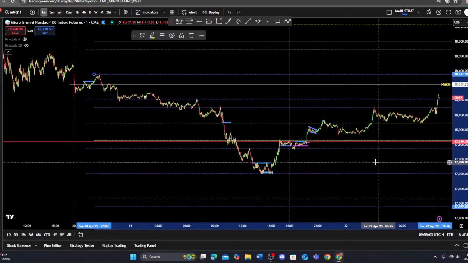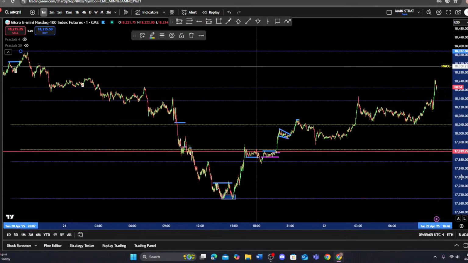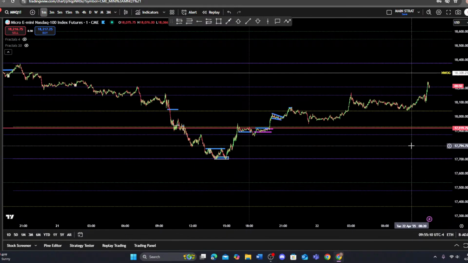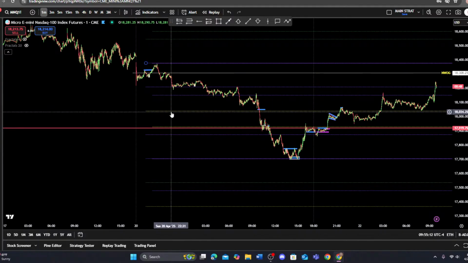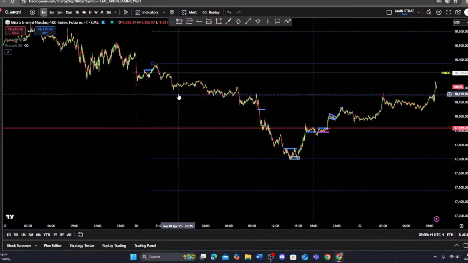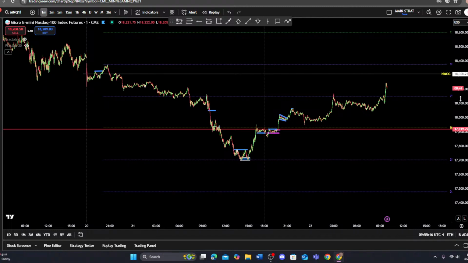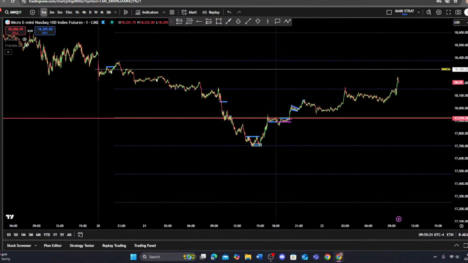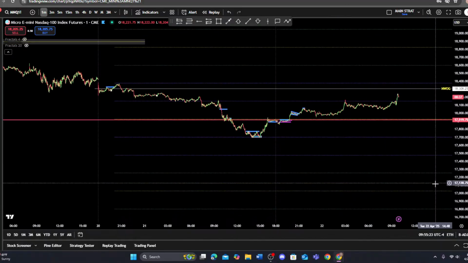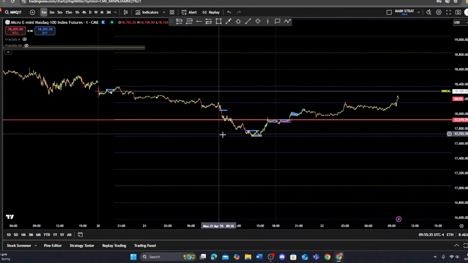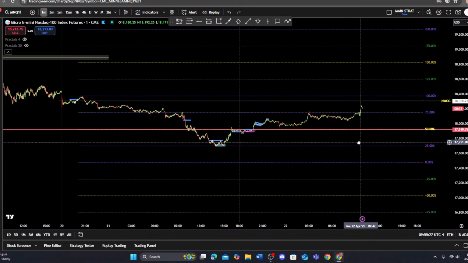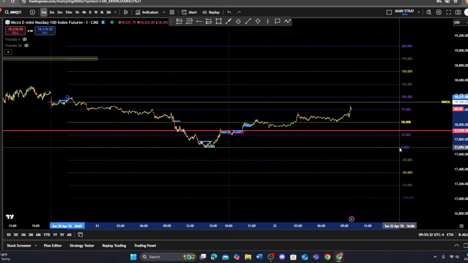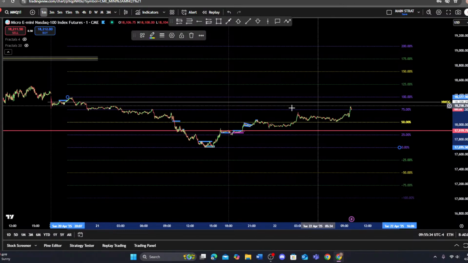Looking back at my notes, I realized that I didn't have quite as much of a plan as I thought I did. So that's what we're gonna do. But what I have found out was something interesting that I would like to use. We can measure out yesterday's high to yesterday's low, and we can kind of get these areas of interest.